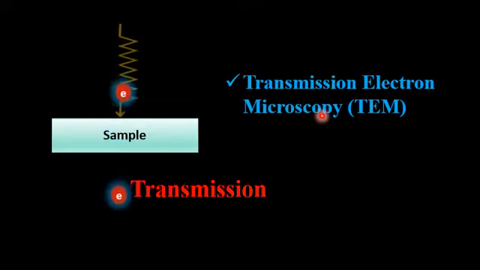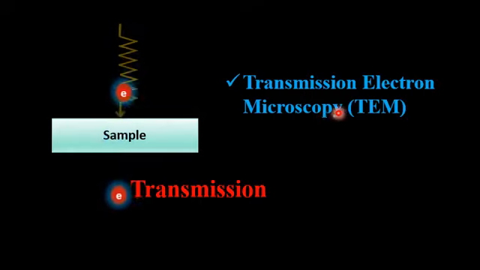Secondly, students, please note that transmission electron microscopy uses a specimen which is ultra thin. Its thickness is around 100 nanometers. A very ultra thin section less than 100 nanometers thick is used, or a suspension may be used on a grid.